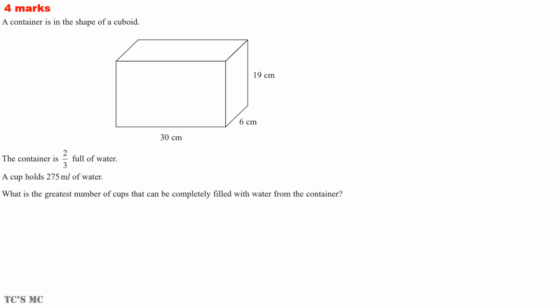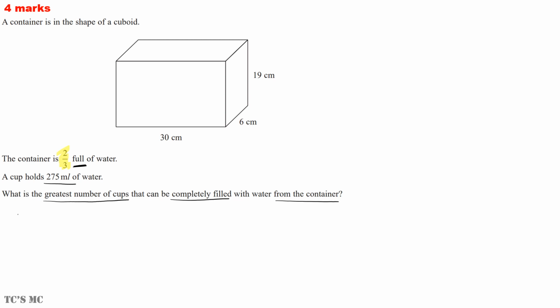A container is in the shape of a cuboid. The container is 2/3 full of water. A cup holds 275 milliliters of water. What is the greatest number of cups that can be completely filled with water from the container?